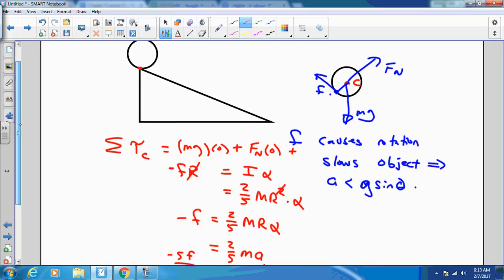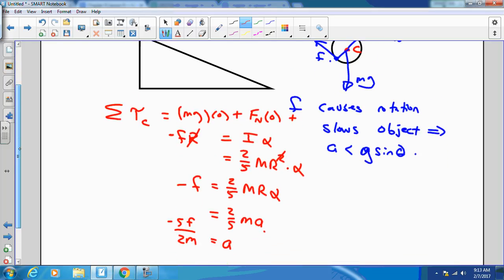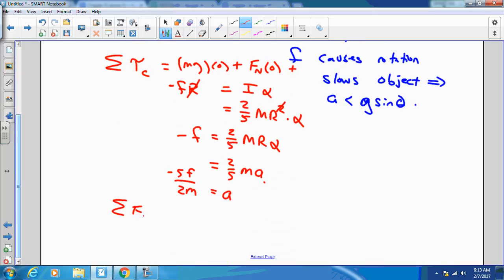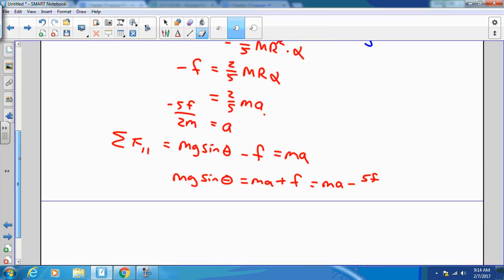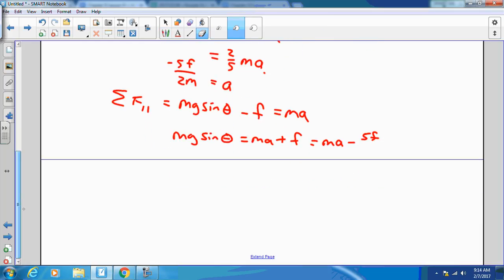If we now take a look at the sum of forces acting on the object in the parallel direction, then the sum of forces acting in the parallel direction is going to be mg sine theta pulling down minus the frictional force pulling back up. And that is equal to m times a. We had an expression for F. It was negative 2/5 ma.